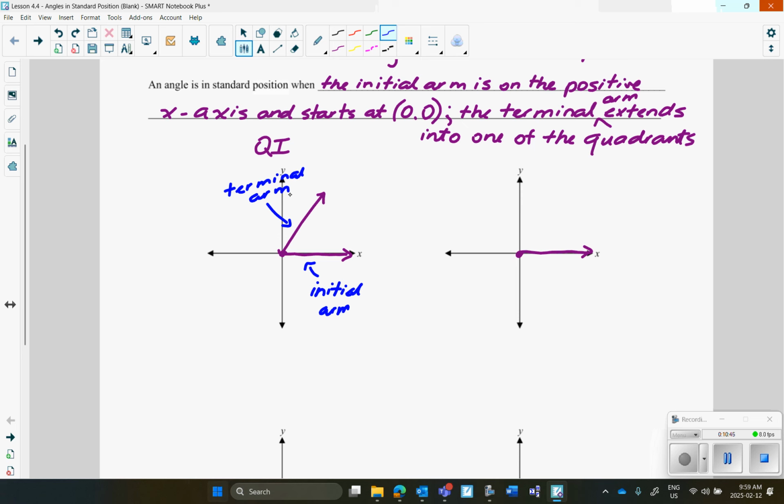And then we measure the angle from the initial arm to the terminal arm. And we usually give an angle on a coordinate grid a name. It's a 0 with a bar through it, and that is the Greek letter theta.